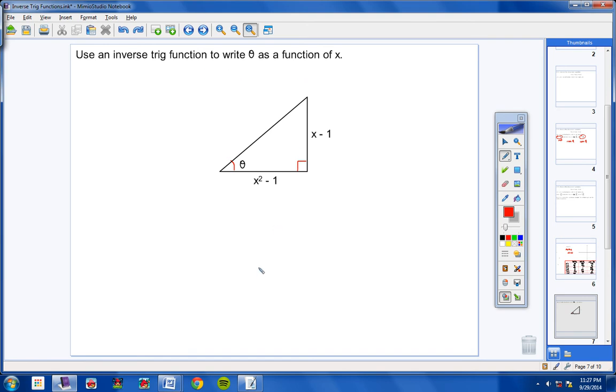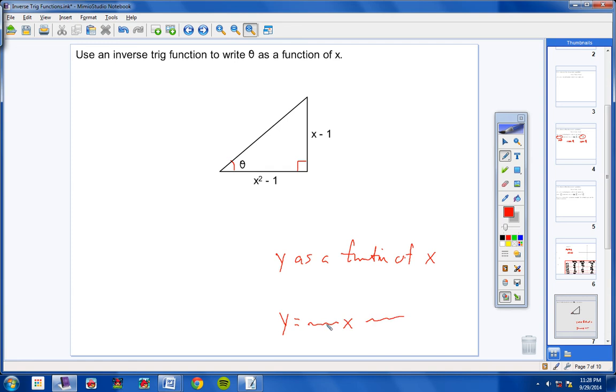Now let's pause, and you should know what this means, theta as a function of x, from Algebra 2, but just in case you're a little forgetful about that, let me refresh your memory. If I said y as a function of x, and you don't need to write this down, just watch, all that means is you want to get y by itself, and then the only variable you want over here is x.